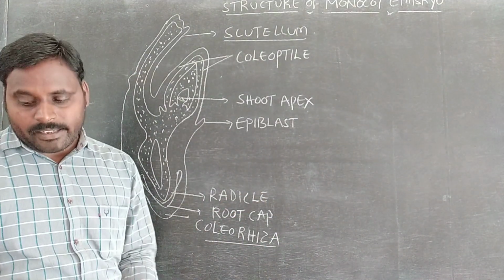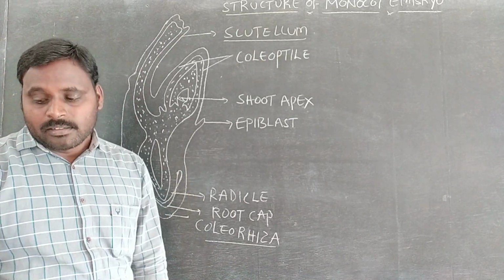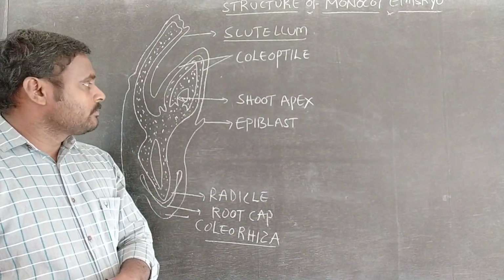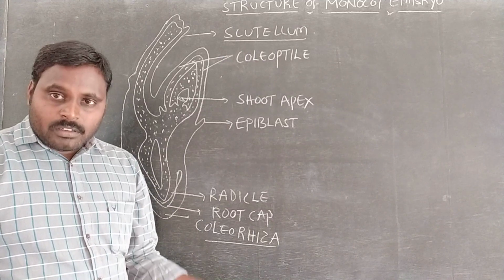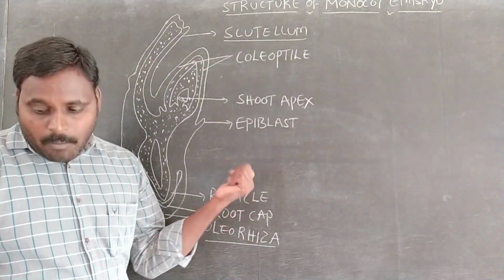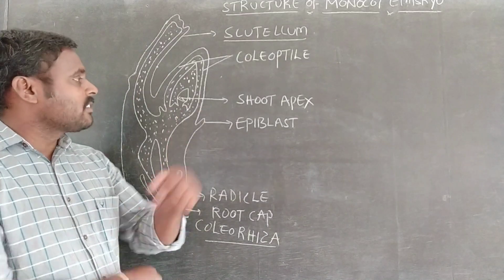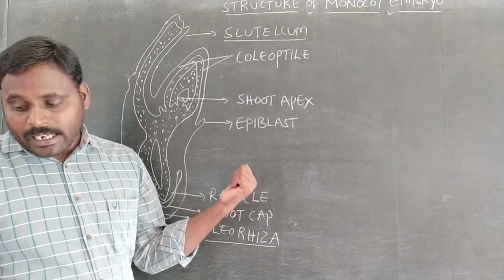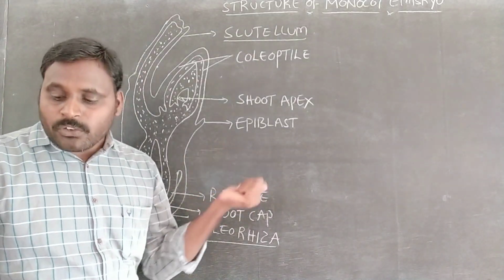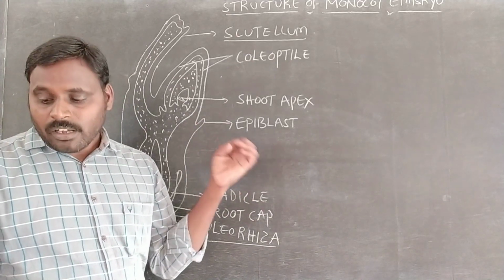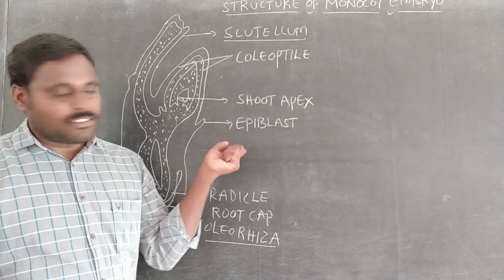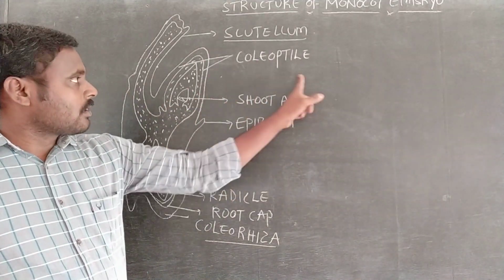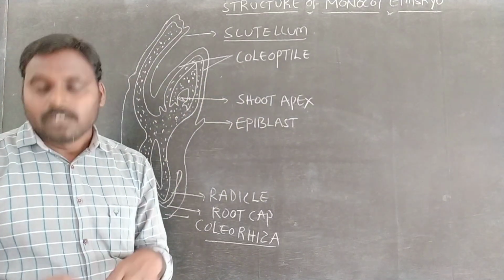The portion of the embryonal axis above the level of attachment of the scutellum is called the epicotyl. The epicotyl has the shoot apex and a few leaf primordia enclosed in a hollow foliar structure called the coleoptile.